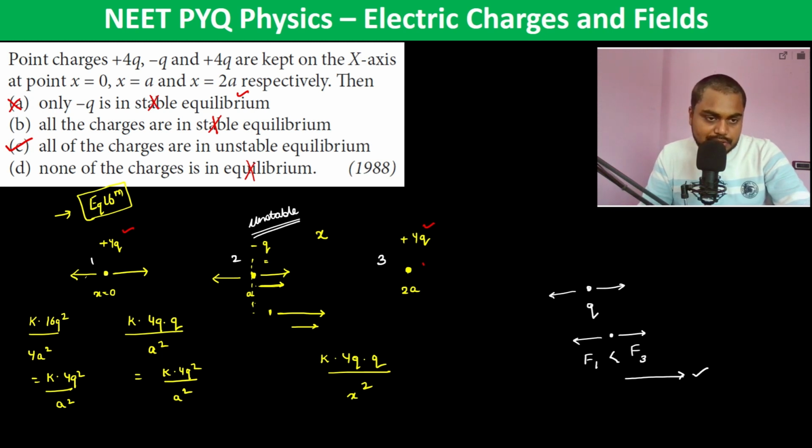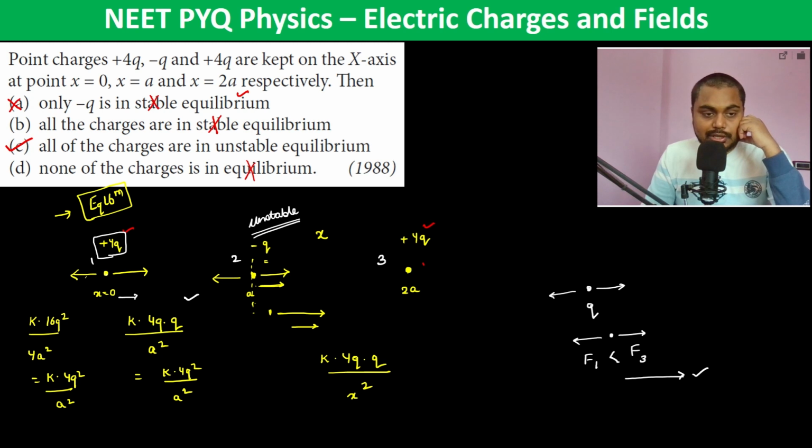Now if we see here, what's going to happen is that this 4q charge, if we move it a little, displace it towards, let us say, the right side, then this attraction force is going to increase, and of course this repulsion force is also going to increase, but it's not going to increase that much.